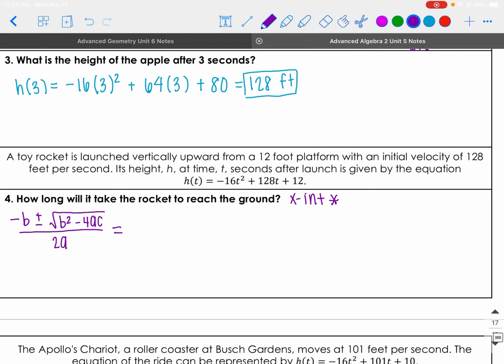All right. So let's fill in negative 128 plus or minus the square root of 128 squared minus 4 times negative 16 times 12. And all of that is over 2 times negative 16.